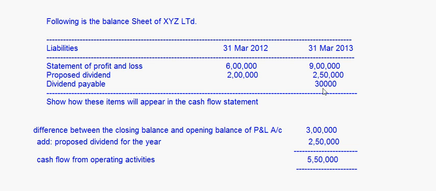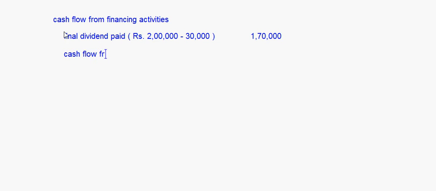Out of 2 lakh, 30,000 is the dividend payable, right? So that means here you will have final dividend which is paid. Final dividend paid will be rupees 2 lakhs minus that 30,000. So that comes to 1,70,000, right? So this 1,70,000 is the cash flow from financing activities.